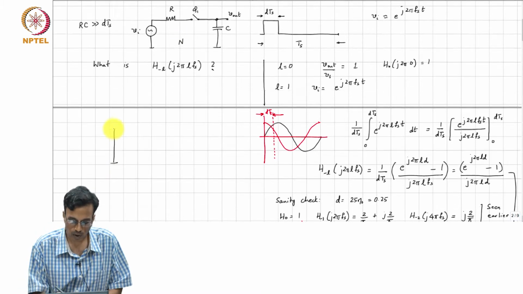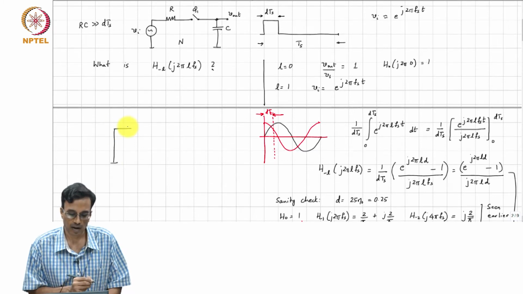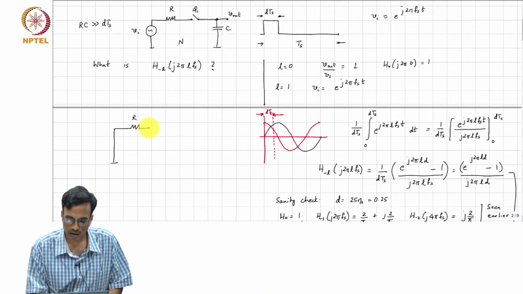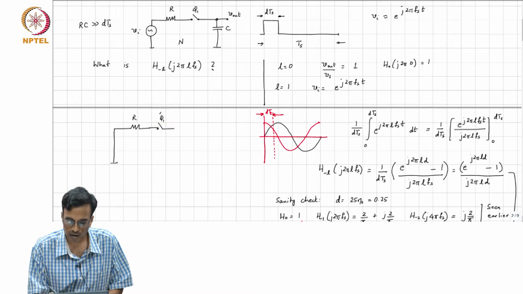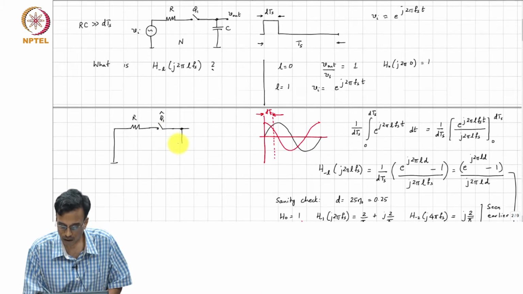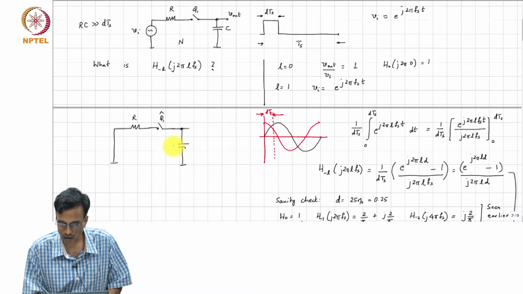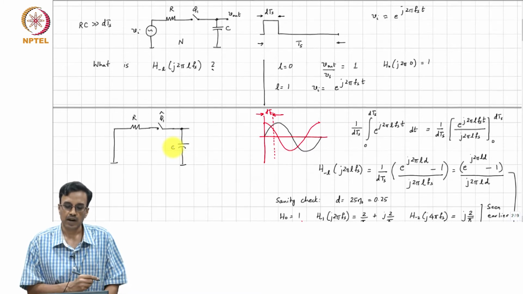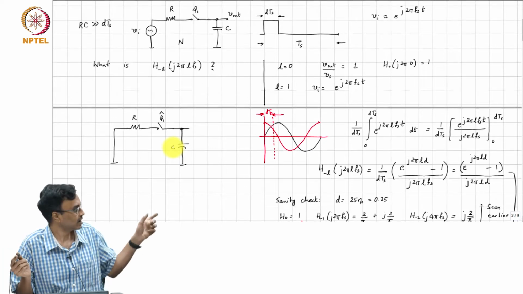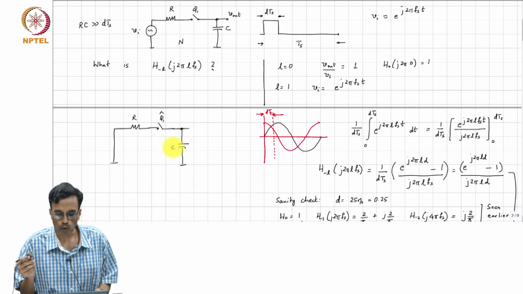Well, the voltage source is gone, right, and the resistor remains as it is. We have to flip the timing of the switch, and then you have a capacitor here, and we are interested in the output frequency, which is DC, right, and we are interested in a voltage transfer function. So, what should we do in the adjoint?